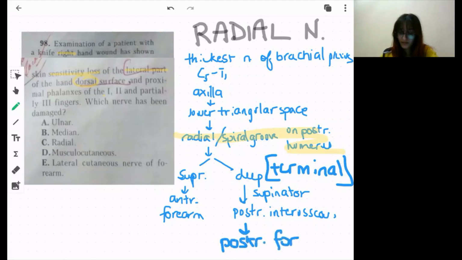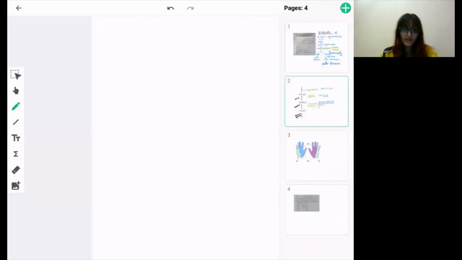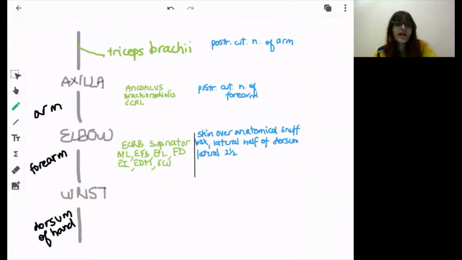Okay. So now let's look at this scheme. I've made it so that it becomes easy for you to understand. So first of all, again the axilla, then it enters the arm, that is, it is present on the posterior surface of the humerus. Then it is in the forearm, and then it ends in the wrist.